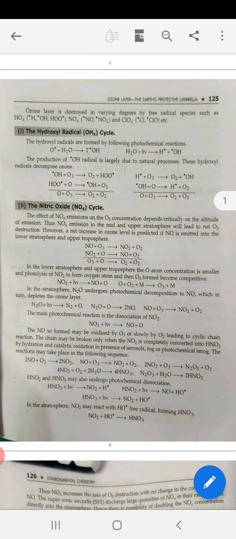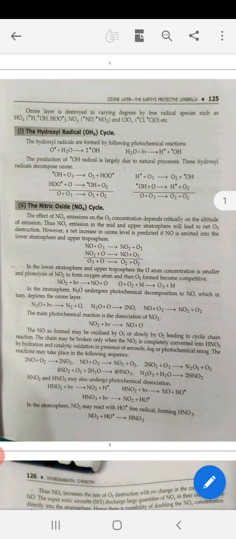Third is the nitric oxide cycle or NOx cycle. The effect of NOx emission on the ozone concentration depends critically on the altitude of emission. Thus, NOx emission in the mid and upper stratosphere will lead to net ozone destruction.